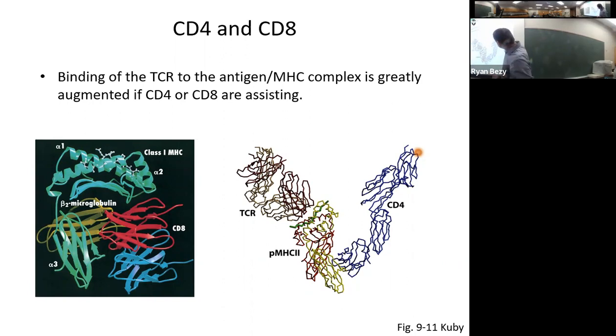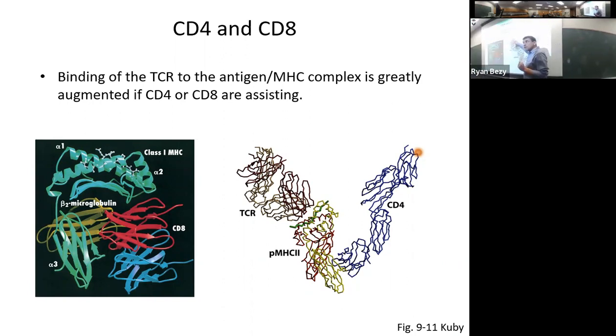So what this is, is T cell receptor and CD4 coming off of a T helper cell. And so what ends up happening is a T cell receptor, by the way, this squiggly line right here is the antigen. See the greenish right here? This is the antigen right here. And so the T cell receptor really is mostly recognizing the antigen and a little bit of the MHC class 2 complex.